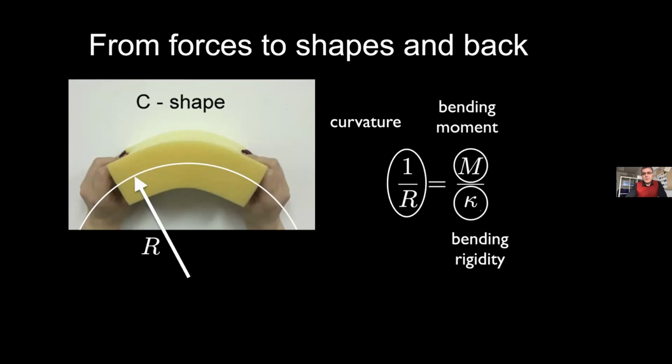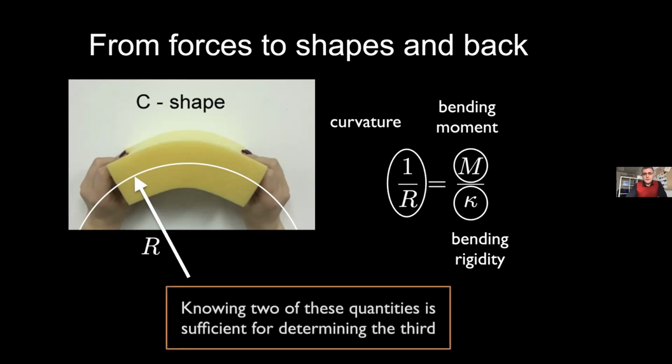So here one can see three different physical quantities that are mutually related, and if we know two of these quantities, one can determine the third one.